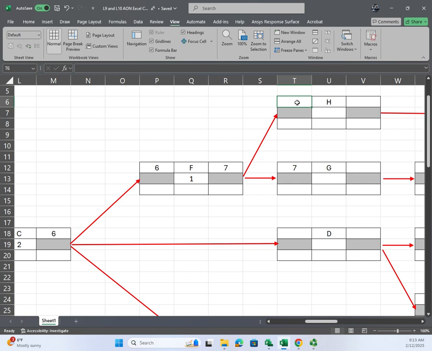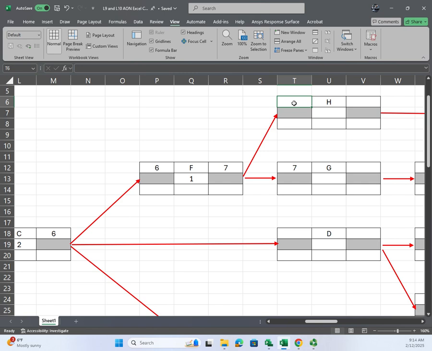The early finish of the predecessor is the early start for the subordinate. Okay? We pass the dates forward. Hence the term forward pass. Everybody good with me? Okay. Keep it up.